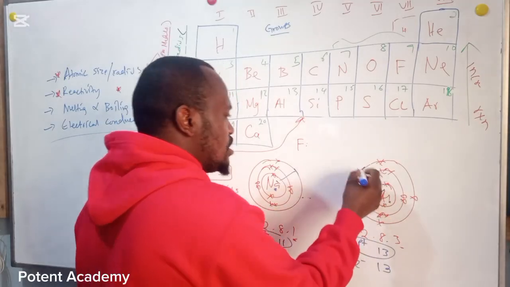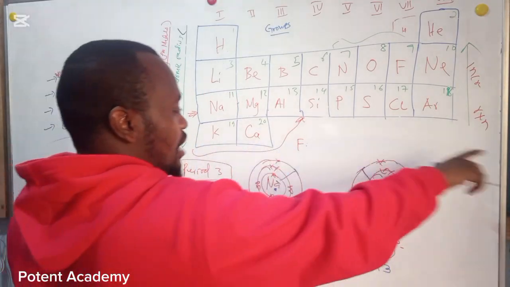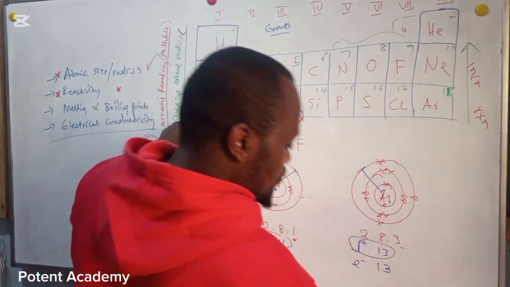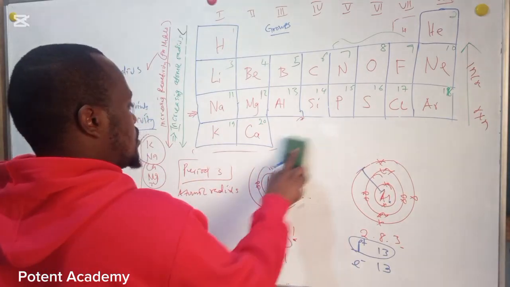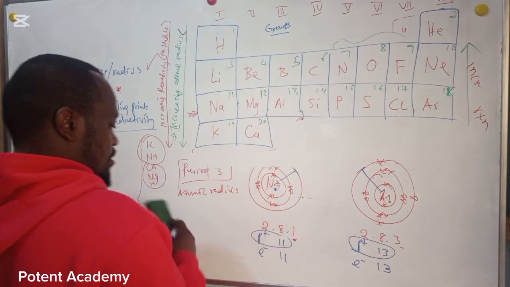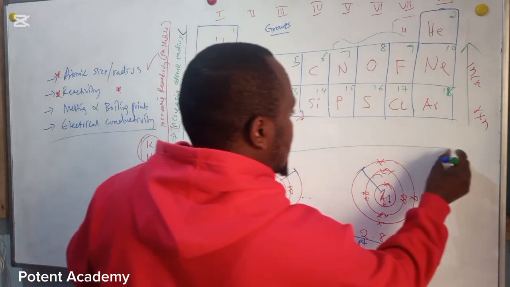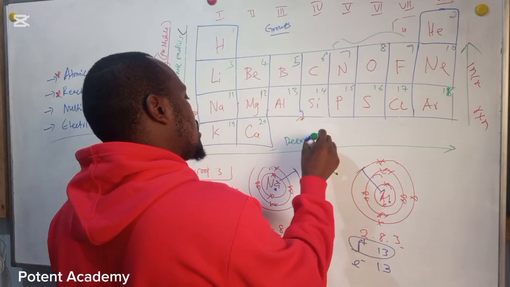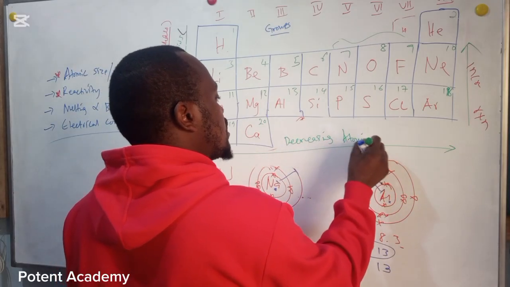Therefore you continue reducing the size. So as you go across the period, you reduce. This one has decreasing atomic radius.